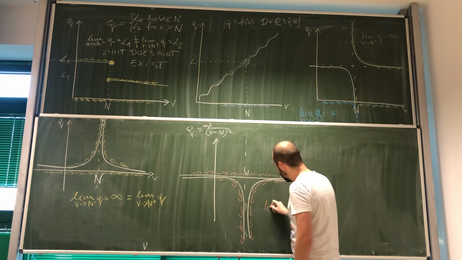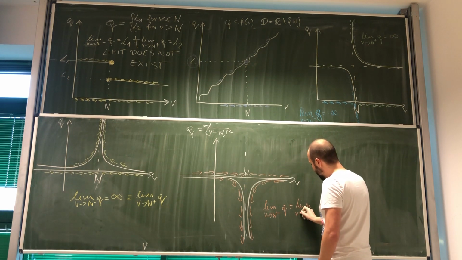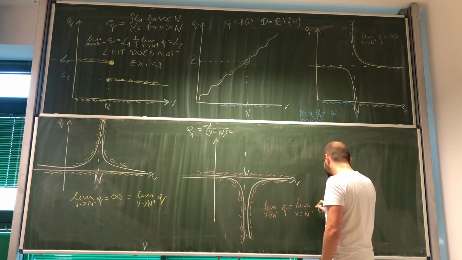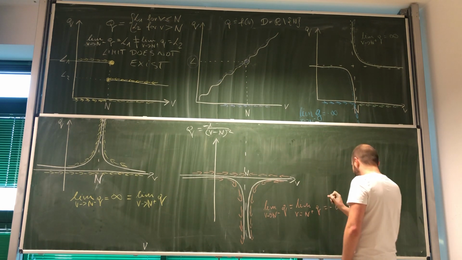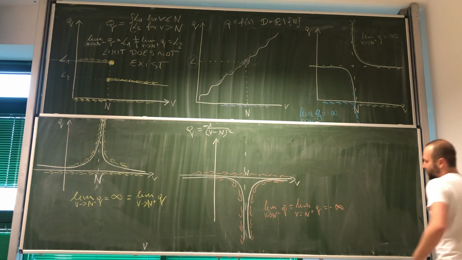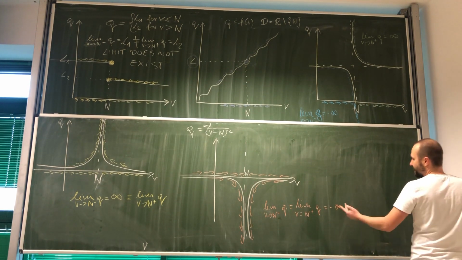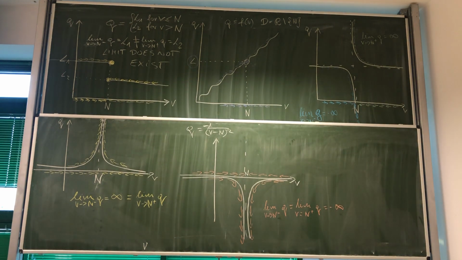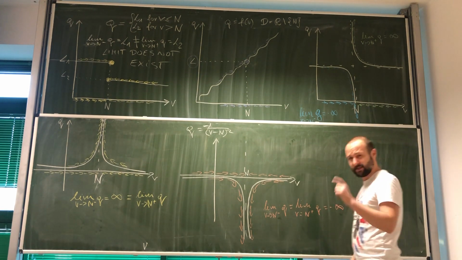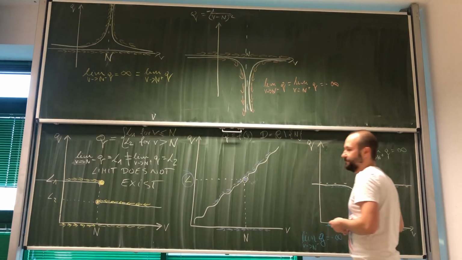So in this case, the limit with v approaching n from the left side is equal to the limit with v approaching n from the right side, and it's equal to negative infinity. But again, we can clearly state that the limit does not exist, because even though those limits appear to be equal, still the limit is not finite, and as long as it's not a given constant number, the limit does not exist.